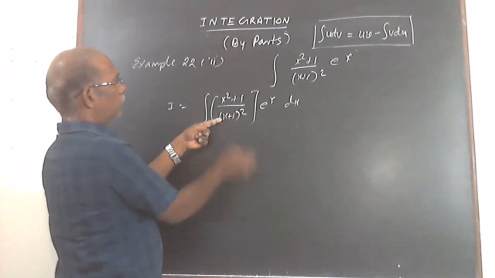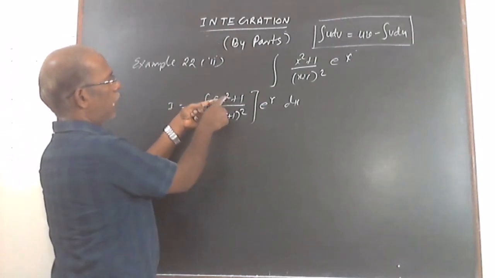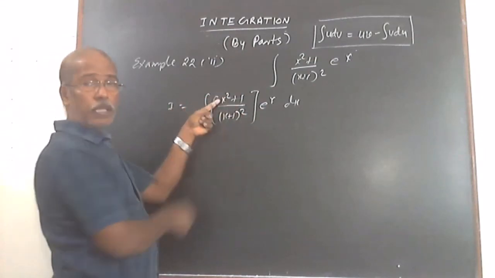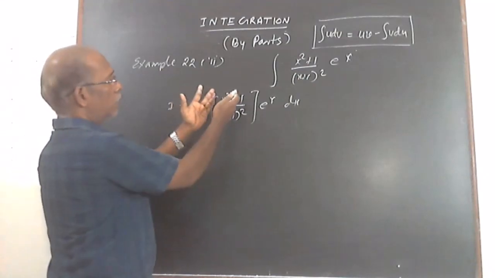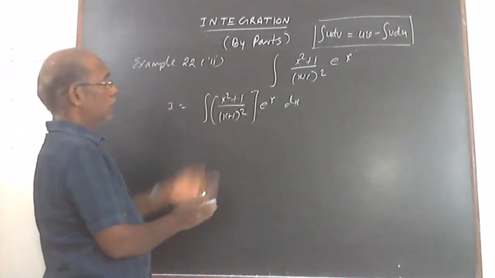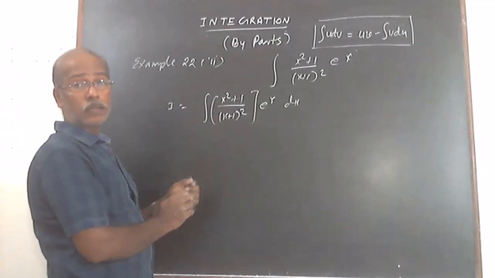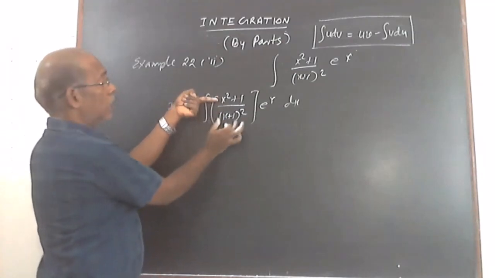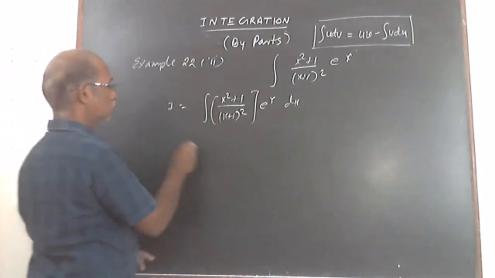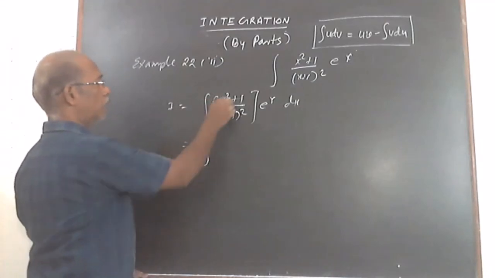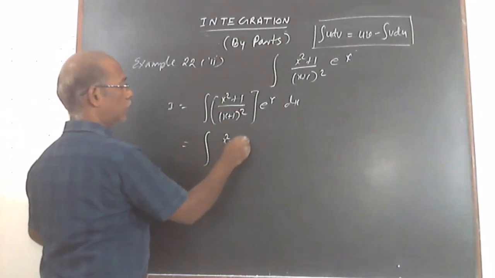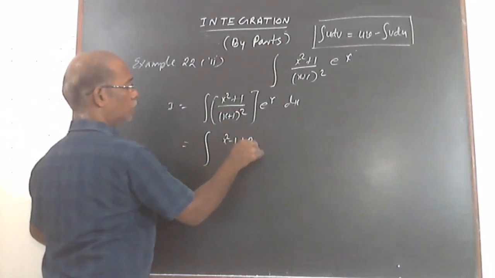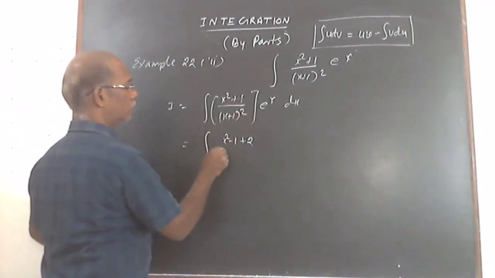Here, with x square, if you add and subtract 1, x square minus 1 will come. The x square minus 1 can be factorized, and one of the factors is the denominator. So what is our aim? We should write the variable part in terms of x plus 1. That adjustment is most important. So x square minus 1 plus 2, since minus 1 plus 2 is 1.